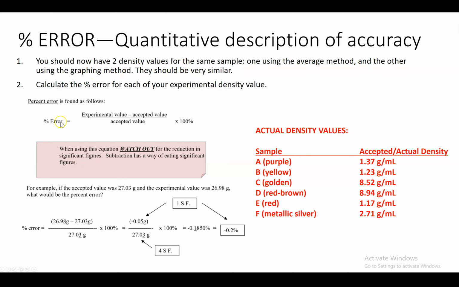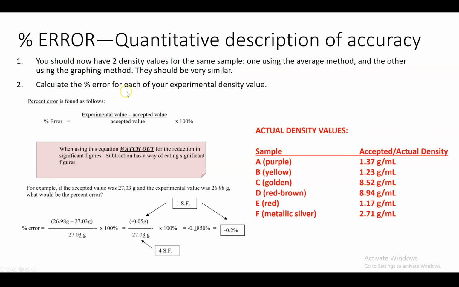And this is how you calculate the percent error. The value that you obtain using the average method and the slope method is called the experimental value. You will then subtract the accepted value from that, divide by the accepted value, then multiply by 100. This accepted value is also called the actual density. So what is the actual density of the substance?